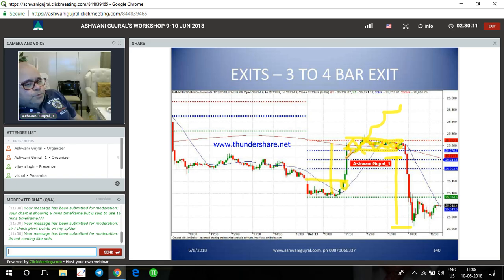If you get 3-4 big days, it's time to take it off. Understand this, the easiest time frame is the smallest time frame. As the time frame grows, more and more uncertainty comes in.